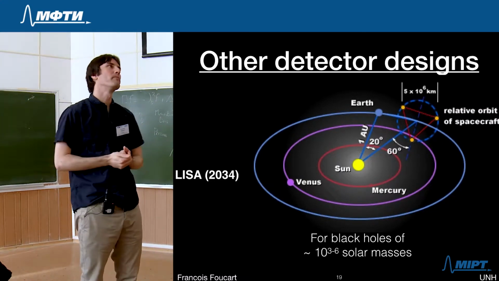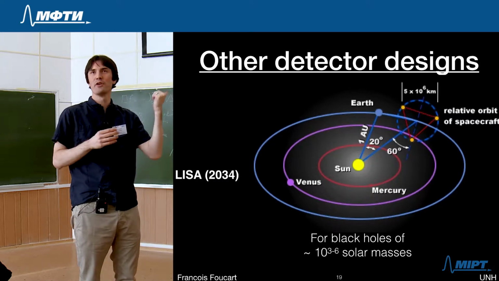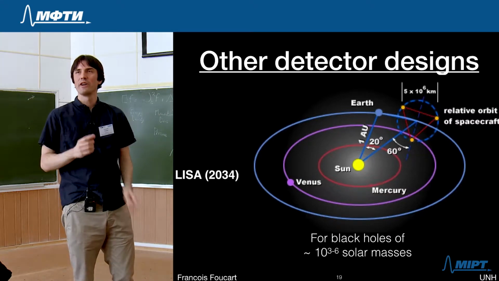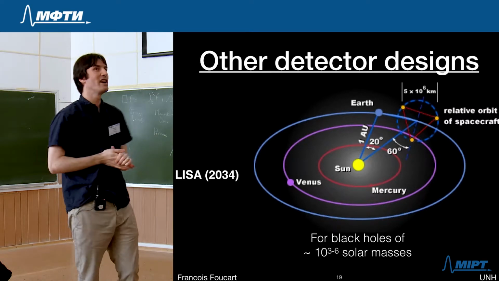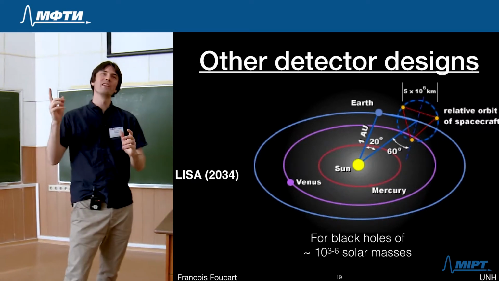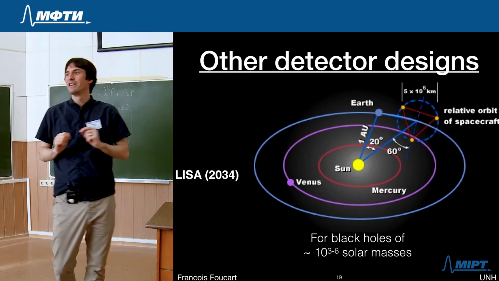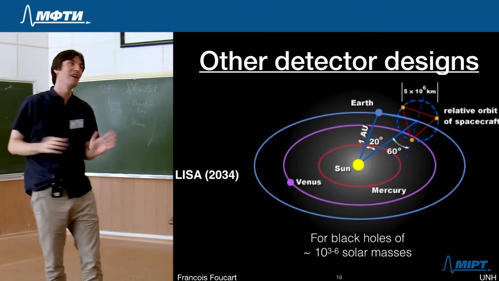And actually, the data analysis process for LISA is very different from LIGO, even though the detectors look very much the same. Because data analysis in LIGO is trying to find one signal in a lot of detected noise. Data analysis in LISA is trying to understand the signal from hundreds of sources at the same time in one detector. That's a very different problem. And that's a problem that has not been entirely solved so far.